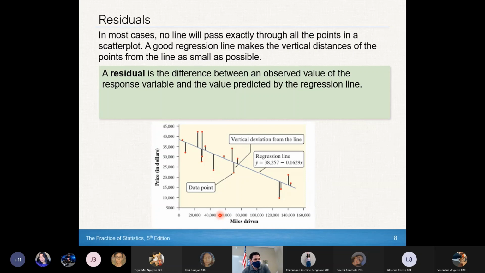So we see in our picture here our regression line, all of our observed points, and these vertical lines represent the distance from each point to the regression line. The residual is equal to our observed y value of the point minus the predicted y. In notation, we have y minus y hat. That's essentially giving us the vertical distance between the point and the regression line.